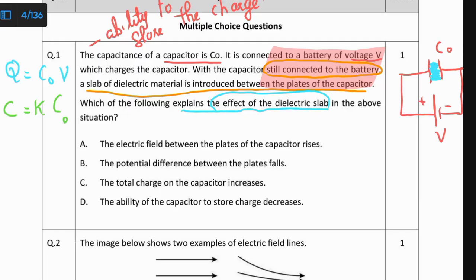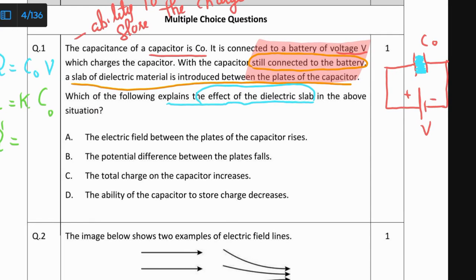The new charge between the capacitor plates, we can write as Q dash, is equal to, what's the formula? New capacitance, and the battery voltage is not going to change, that you can write as V. As earlier we have written for the initial charge, C naught into V, same way right now the charge Q dash is equal to new capacitance C into V.